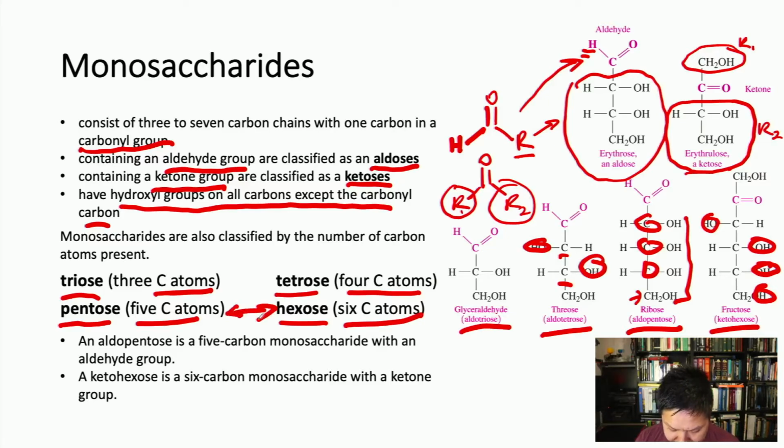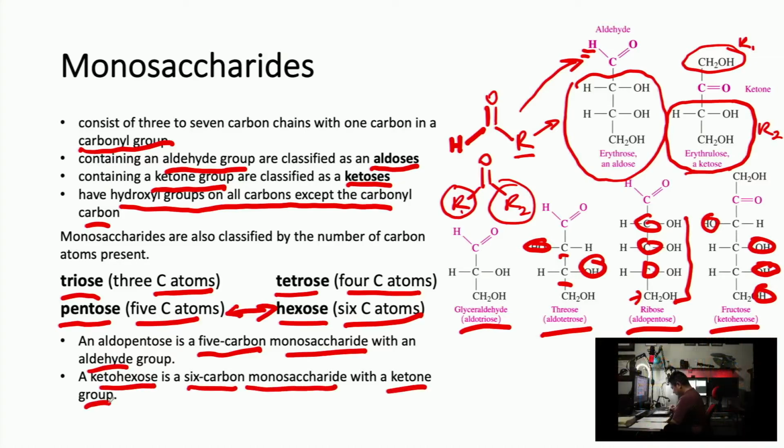That's what we do the most. An aldopentose is a 5-carbon monosaccharide with an aldehyde group, and a ketohexose is a 6-carbon monosaccharide with a ketone group. So keep all that stuff in mind when we start identifying some sugars throughout this lecture.